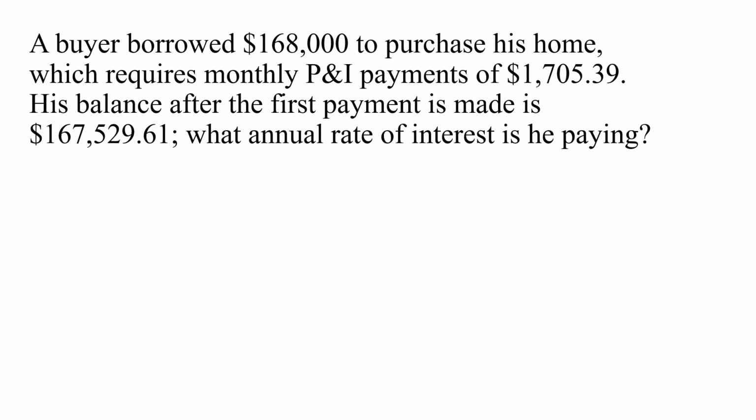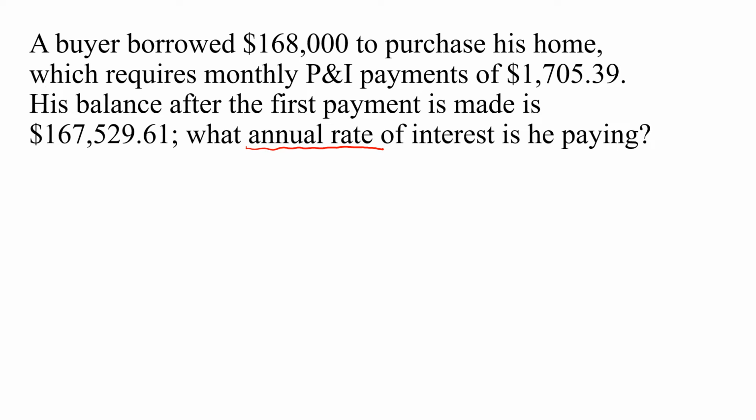A buyer borrowed $168,000 to purchase his home, which requires monthly P&I payments of $1,705.39. His balance after the first payment is made is $167,529.61. What annual rate of interest is he paying?